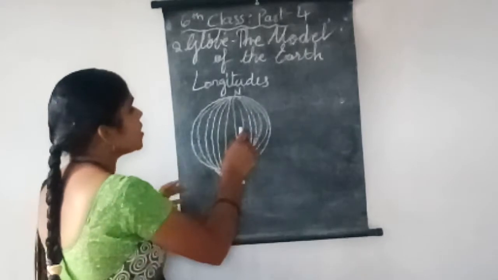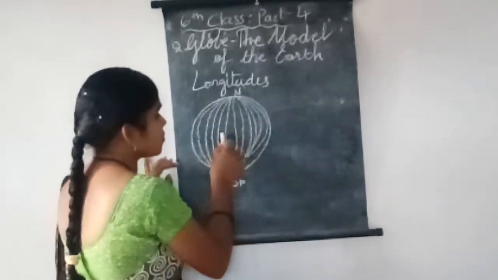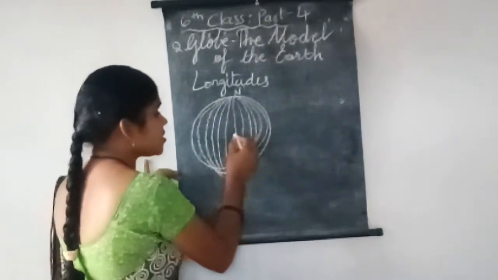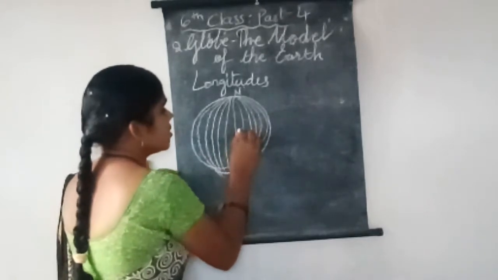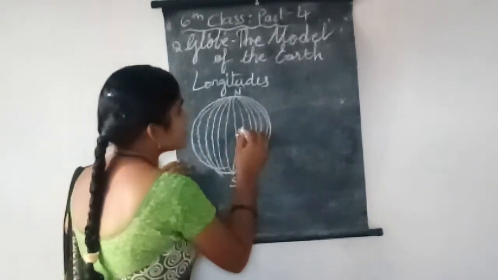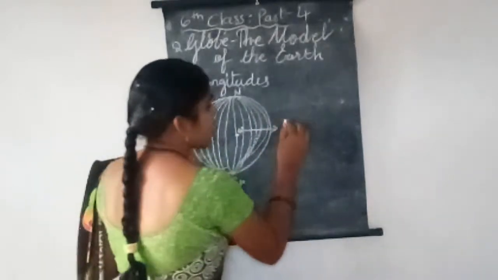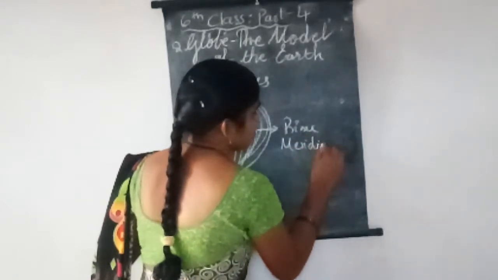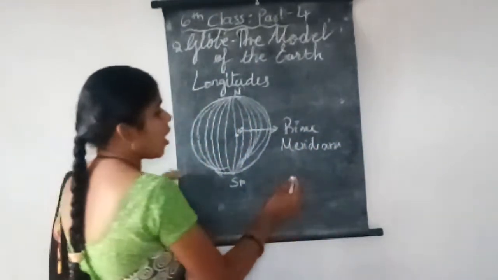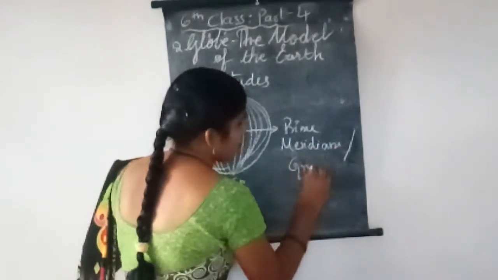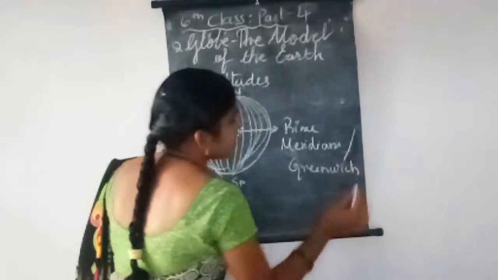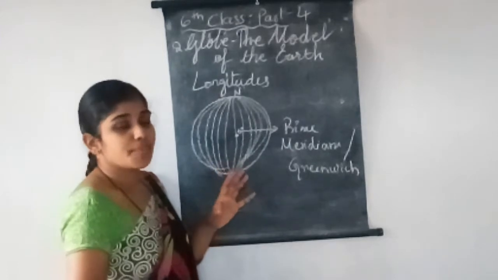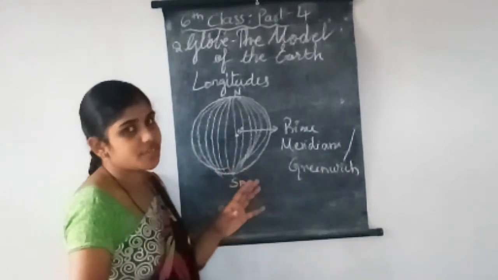Here 0 degree longitude won't start from the middle. It starts somewhat on the east side. This is taken as 0 degrees longitude. 0 degrees longitude is called the prime meridian and also the Greenwich line.